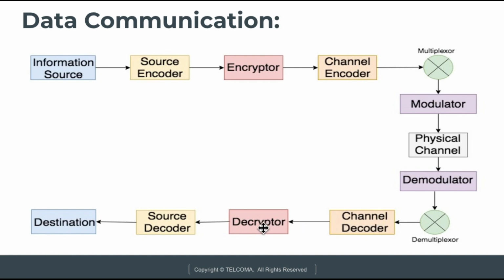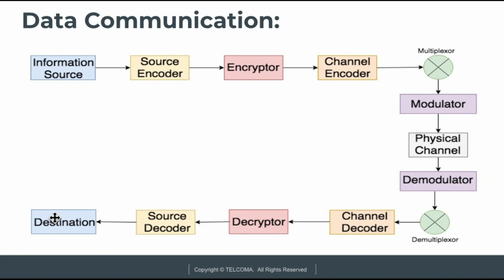Then the decryptor will extract the code from the original message, and then at the source decoder it will decode the digital signal to the analog signal, and the analog signal will go to the destination. So in this way the signal is transmitted from information source to the destination.